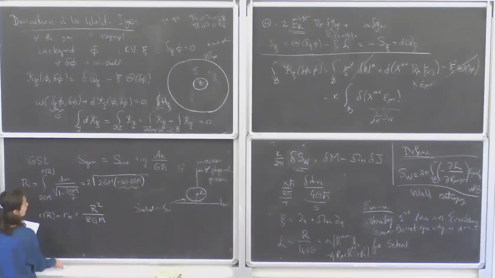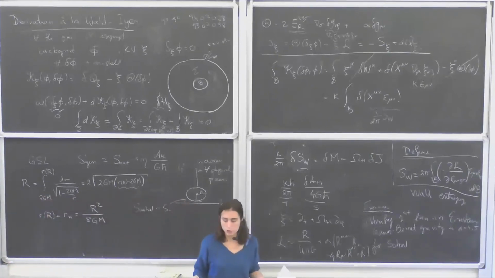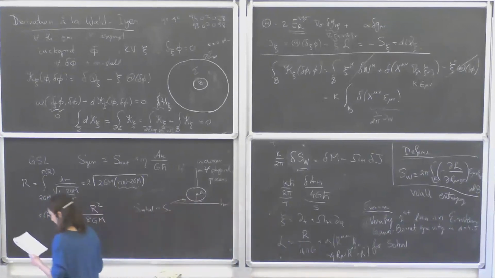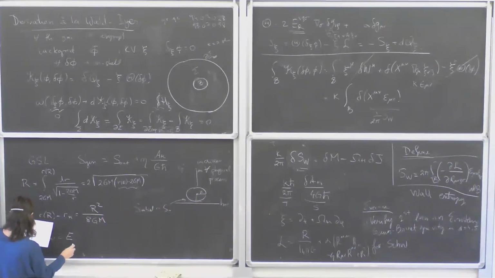Then, if you want to compute the change in the mass of the black hole, you have to compute the change in energy at infinity. And that's the local energy of the thing times the redshift factor. And the redshift factor is basically given by this thing evaluated here.